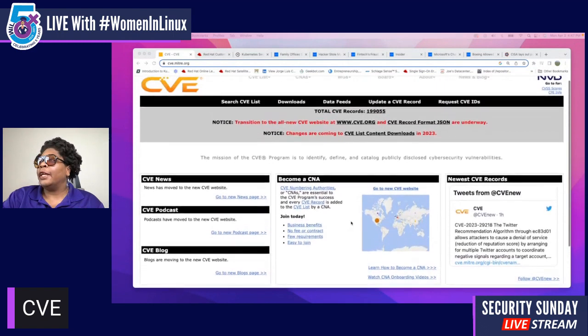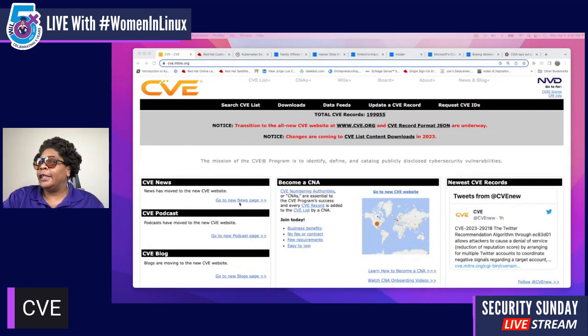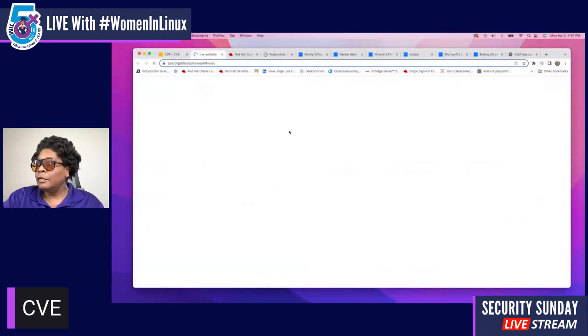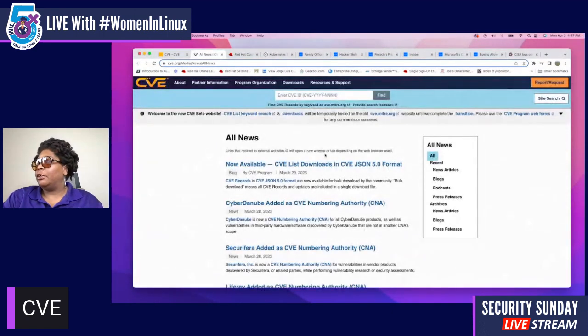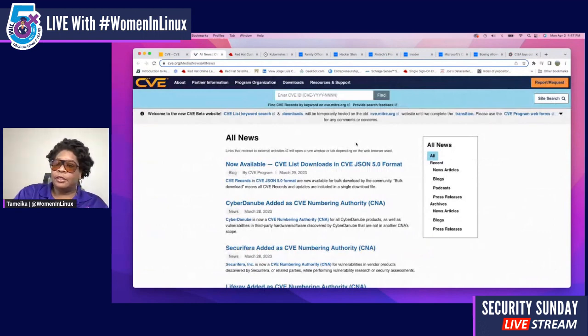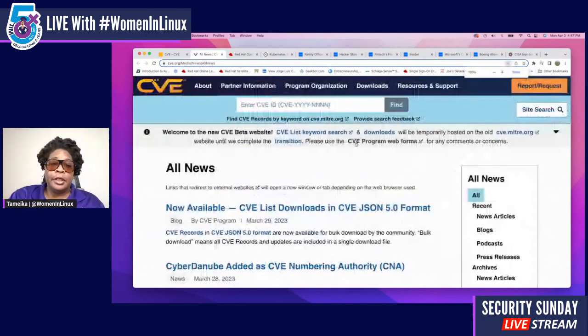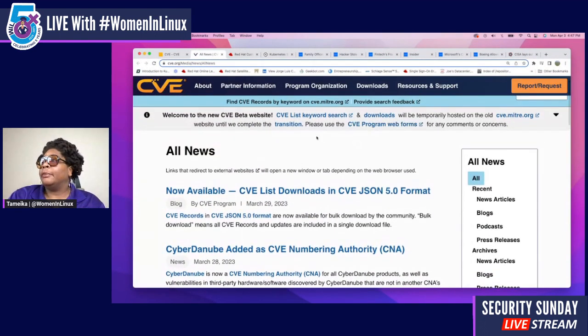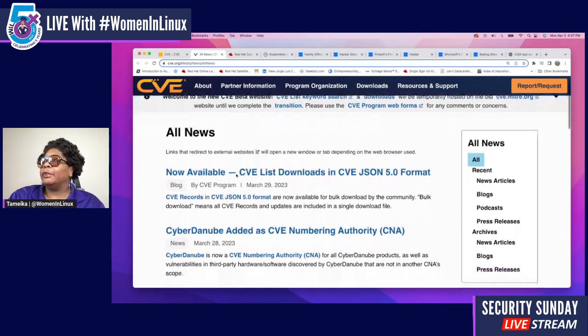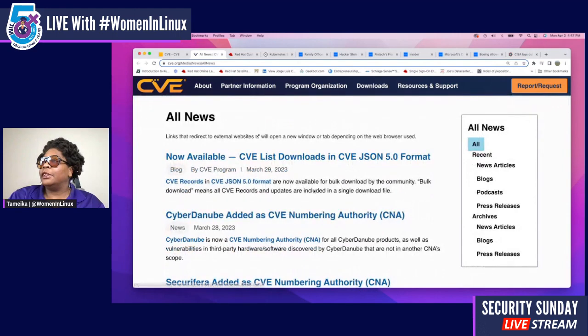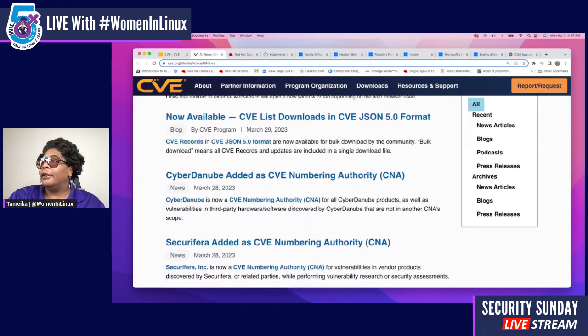Let's go down here and look at the latest news. Let me make this a little bigger so you can see it on your screen. This is a new site, it's in beta, but CVE list downloads are now available in JSON format.